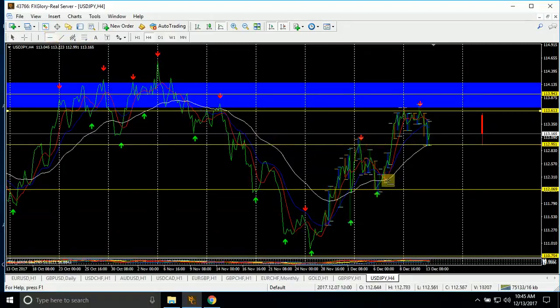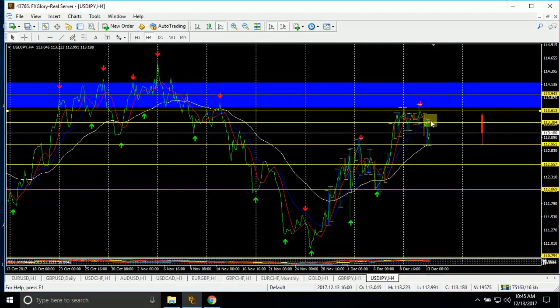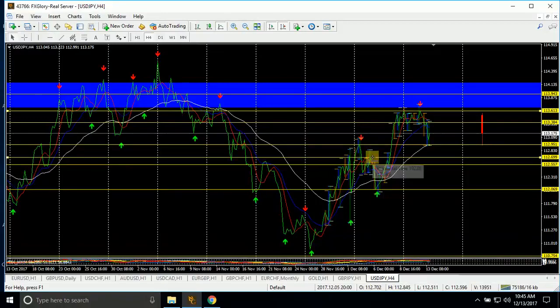Okay, so from here up, let's do support. From here down, let's do resistance, so forget that support. And yes, resistance here. Now let's go to our candles.